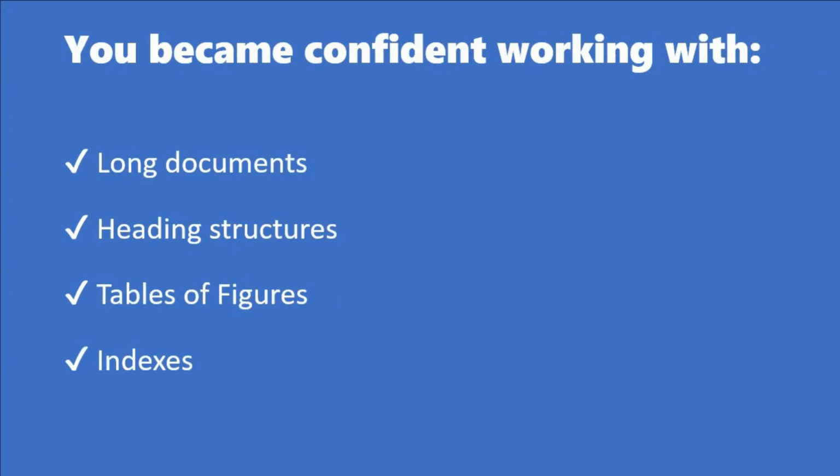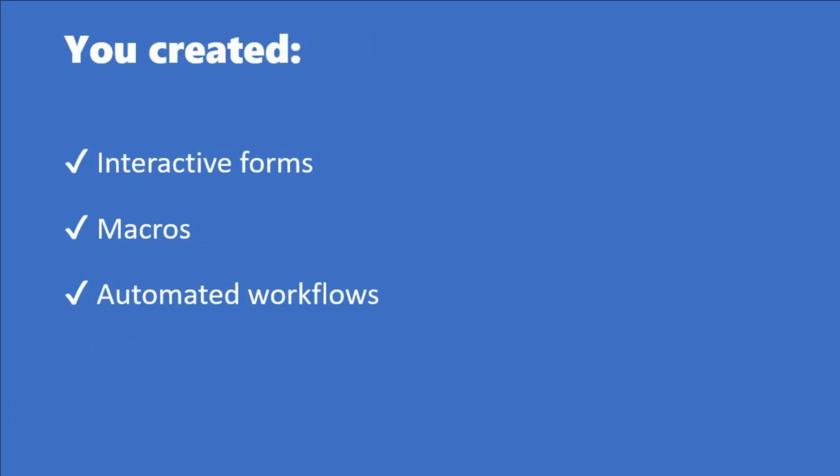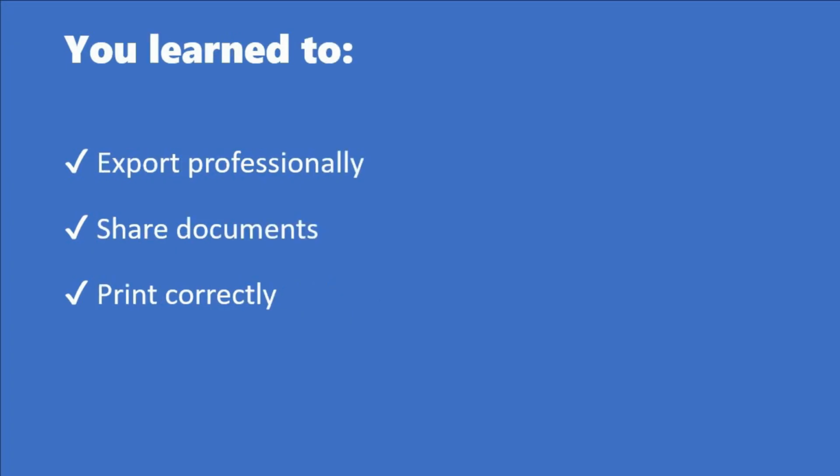In Module 7, we became confident working with long documents, using heading structures, tables of figures, and indexes. In Module 8, we learned how to create interactive forms, record macros, and automate workflows. And in Module 9, we learned how to export professionally, share our document properly, and also print correctly.